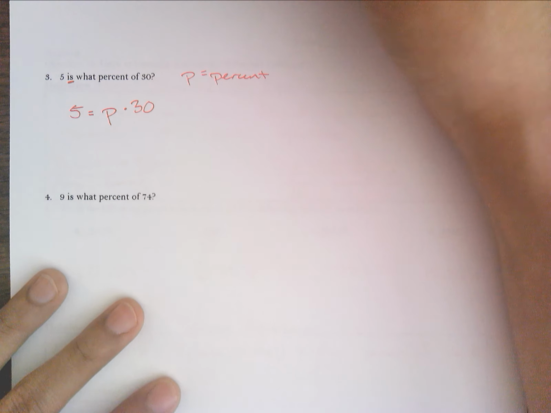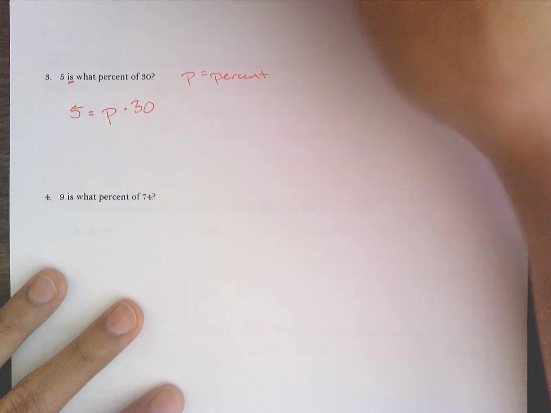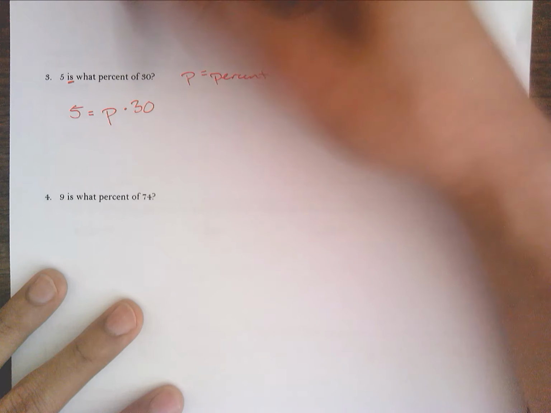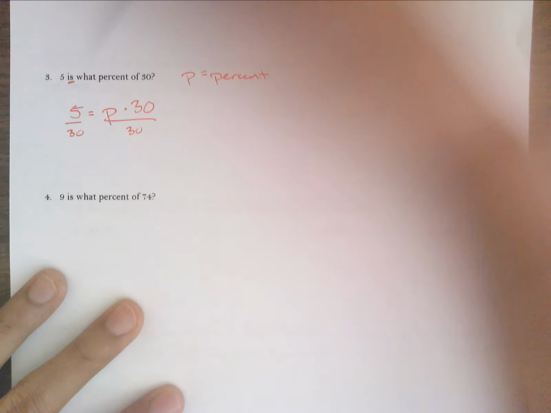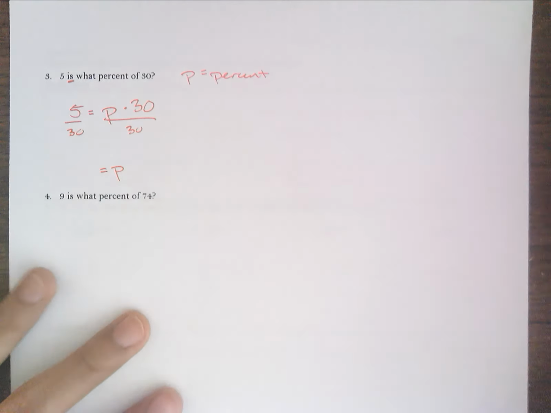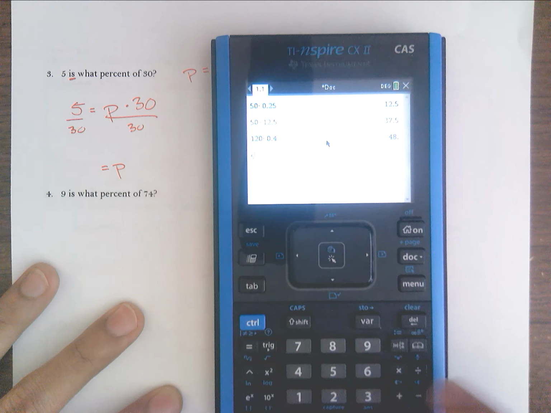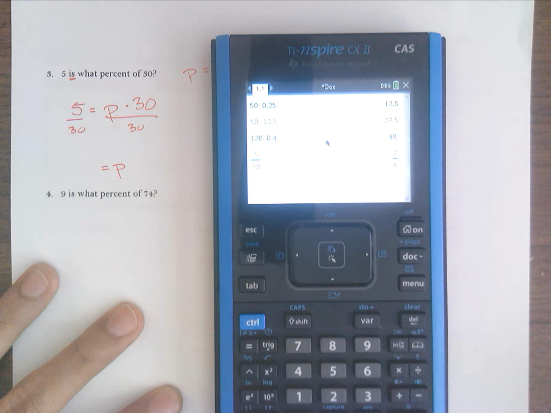What is that percent? So in order to solve this, well, we have p times 30. To get p by itself, we divide by 30. And so then we get p equals 5 divided by 30. Let's plug that into our calculator. And our calculator is going to give us 1/6.